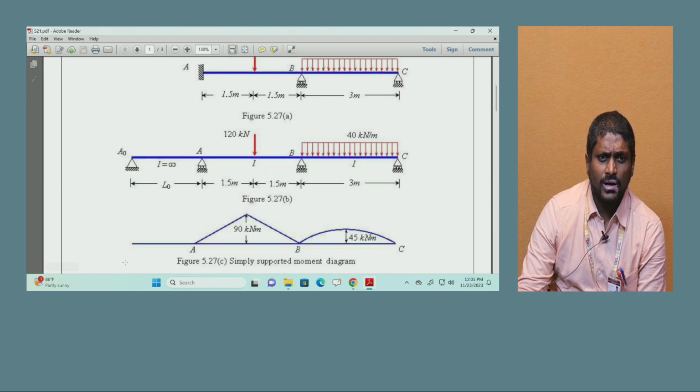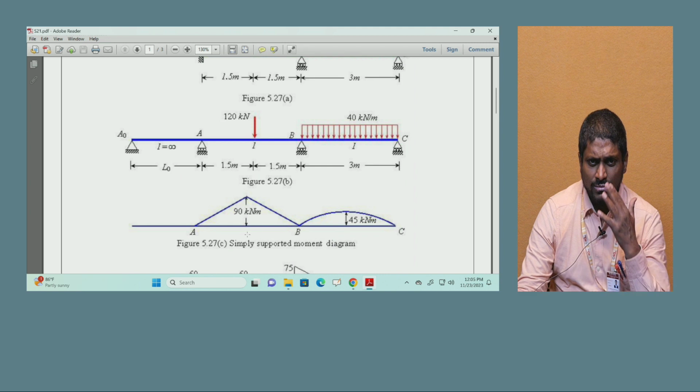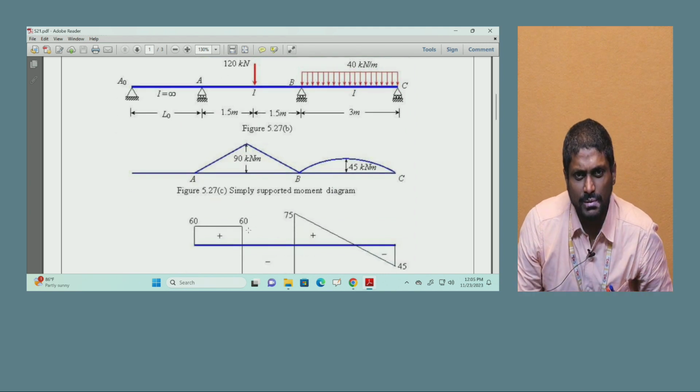Then you will not have any diagram over here, since it is an imaginary span and does not have any load. Then the diagram will be like this when you see the simply supported moment diagram.